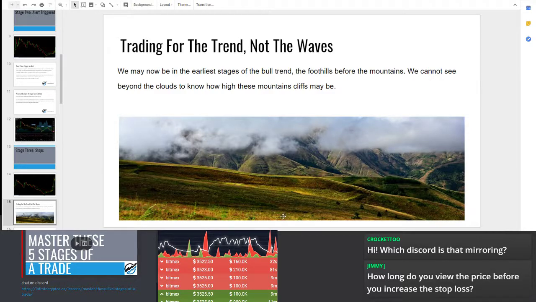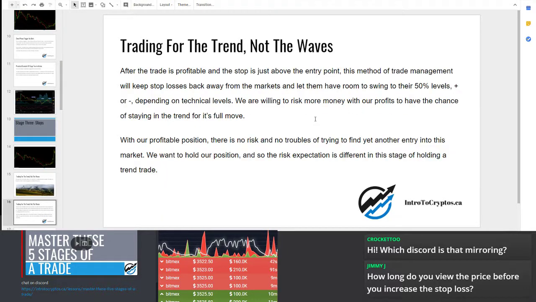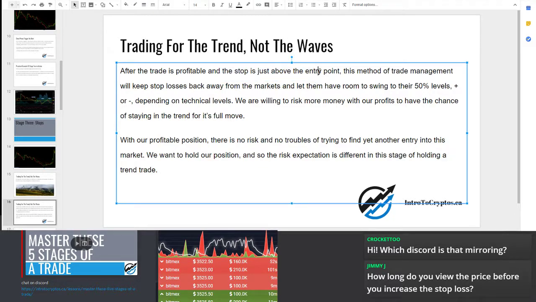But we're definitely in the plains, that flat land of all the bottom formations, and many of the coins are already starting up these foothills, if you like the analogy. And so thinking that way, that we are in the beginning of a longer trend, then we want to keep our stop just above our entry point and keep our stop losses way back from the markets to let the markets have room to swing to their 50% retracement levels on the Fibonaccis, plus or minus a bit depending on the technical levels.